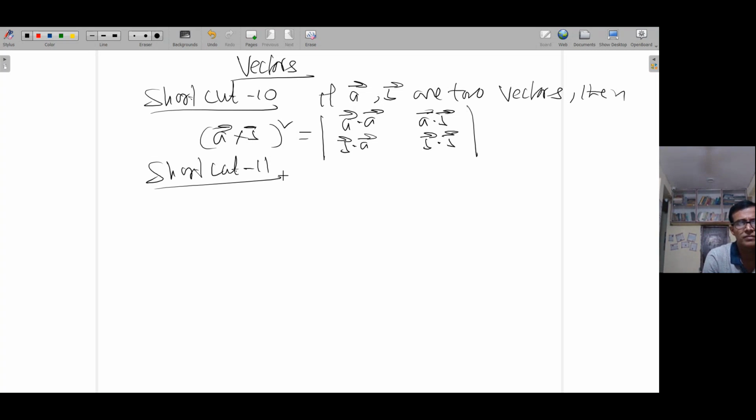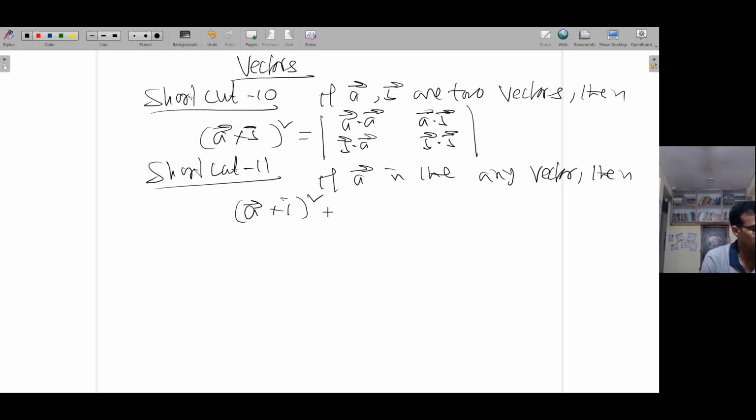Shortcut 11. If A vector is any vector, then (A vector cross I) square, (A vector cross J) square, (A vector cross K) square sum to 2 times of A vector square.